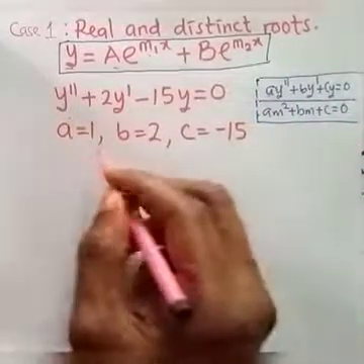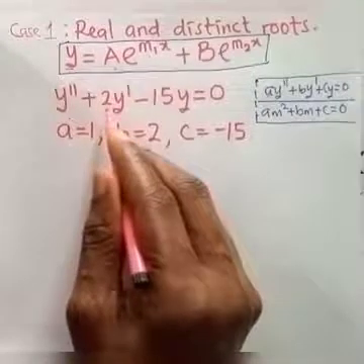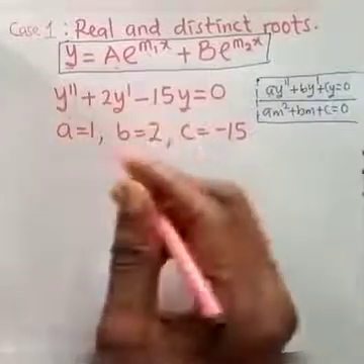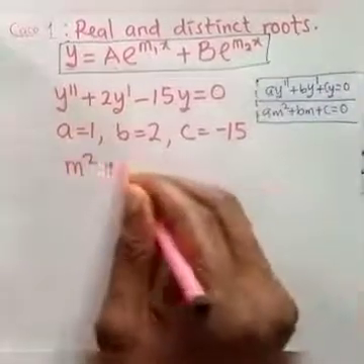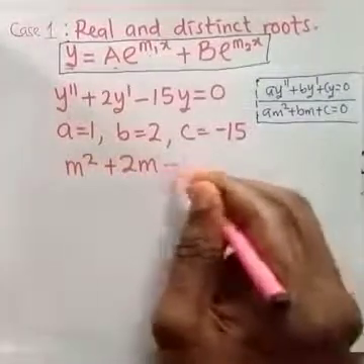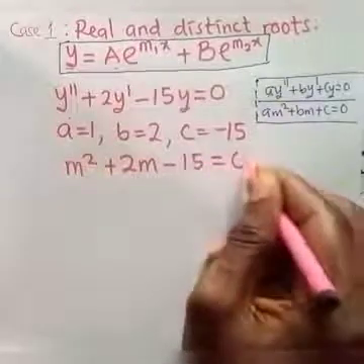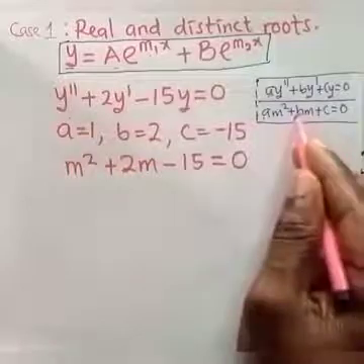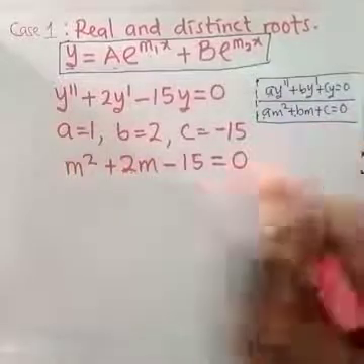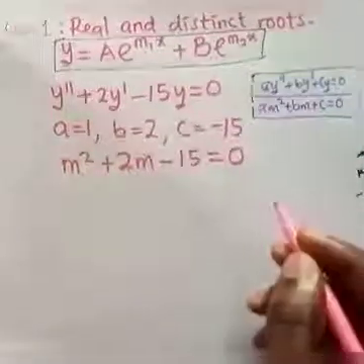So we can form the corresponding auxiliary equation as m² + 2m - 15 = 0. This is our auxiliary equation, where a is 1, b is 2, and c is -15.